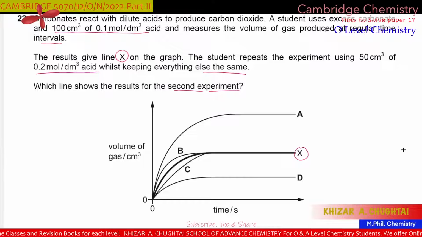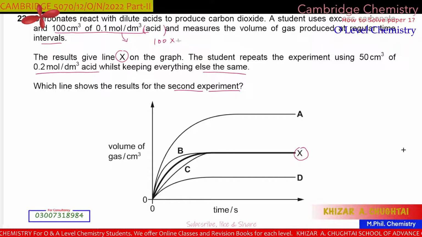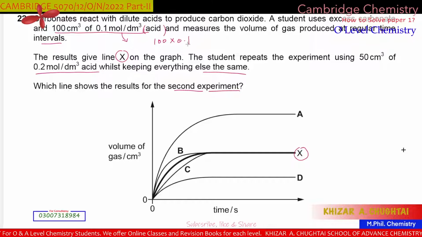We know that the carbonate is in excess and this acid is the limiting reactant in this case. What is the mole of this acid that was used initially? That is equal to 100 centimeter cube multiplied by its mole per dm cube divided by 1000.